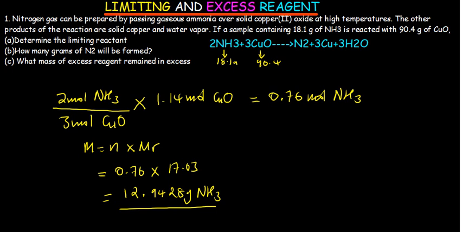But consider the mass of ammonia that has been given is 18.1 grams. So how much mass is in excess? The one which is in excess is the mass that is available, 18.1, minus the mass that is going to react, which is 12.9428. That is going to give us the mass that is going to remain.